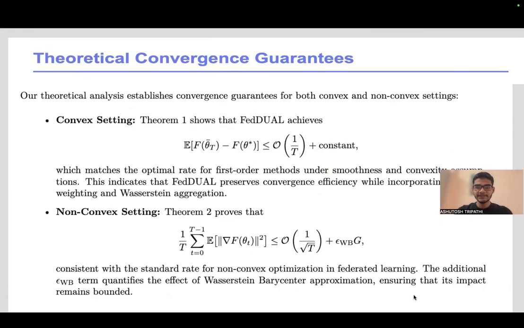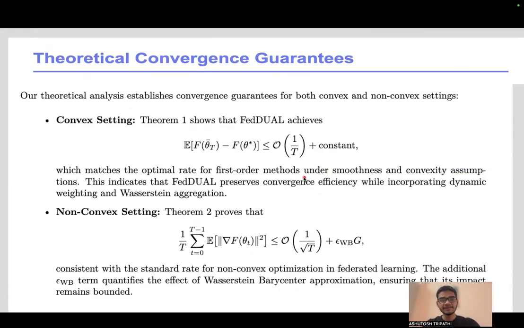And then we have also done the theoretical convergence analysis for both convex and non-convex settings. For the convex setting, we have achieved the standard big O of 1 by T, which matches the rate of any first order method under standard assumptions. So this indicates that FedDUAL preserves convergence efficiency while incorporating this Wasserstein Bayesian-based aggregation and adaptive loss.